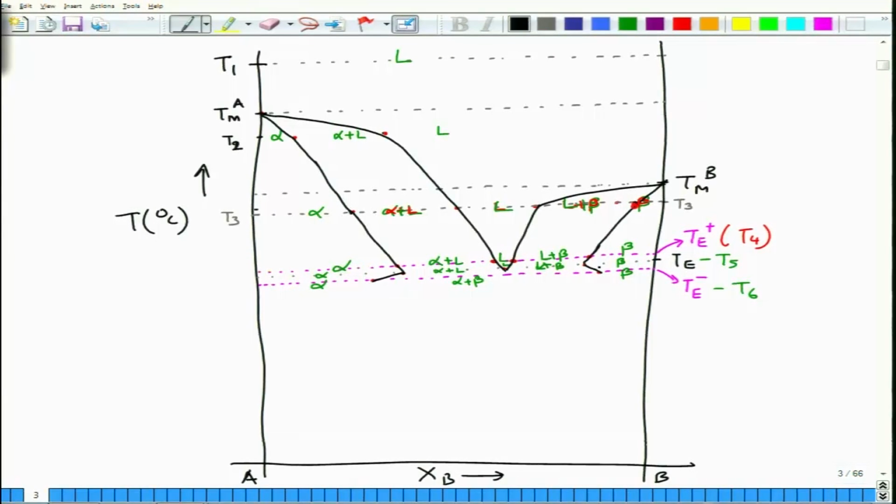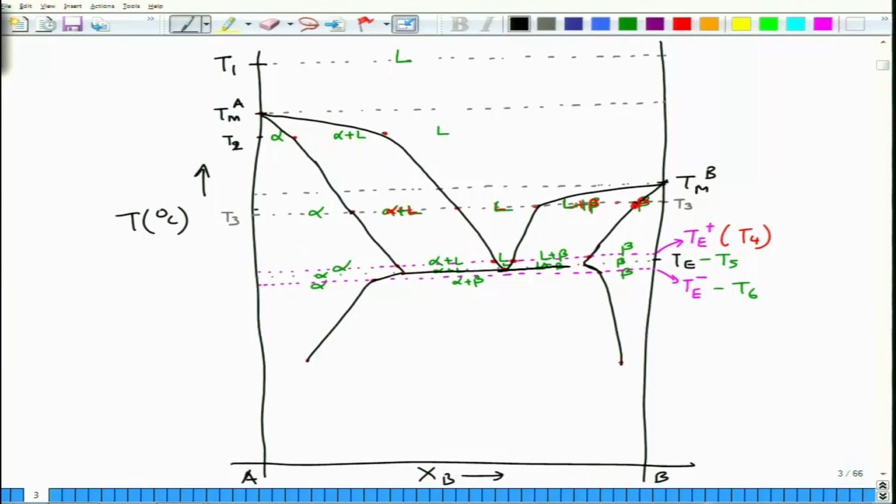Okay, and then we had a T7 where alpha and beta shifted even more. So at T7 it was here, and when we connect the dots it would be somewhere here, something like that. So this is the TE line.